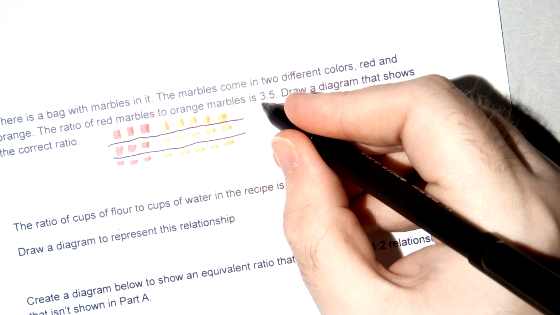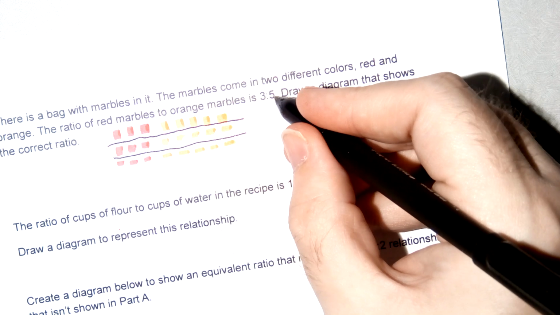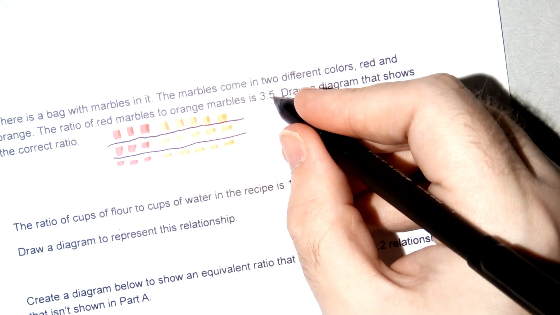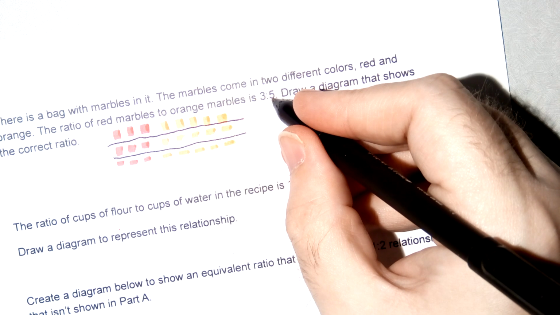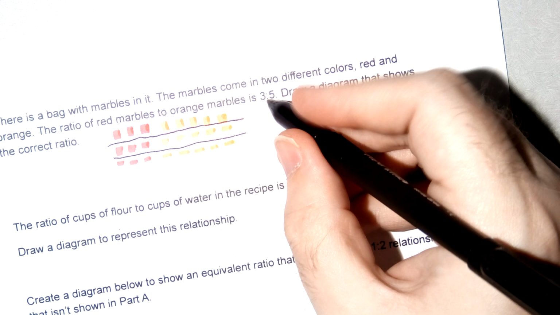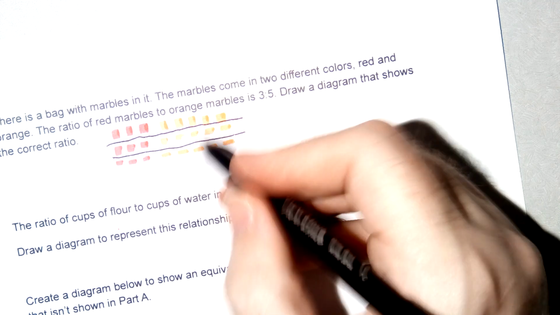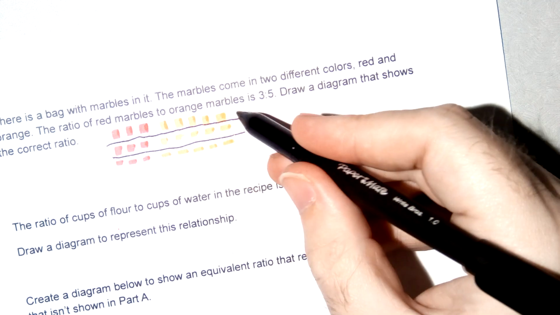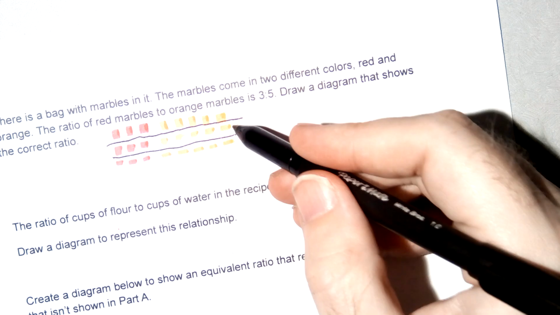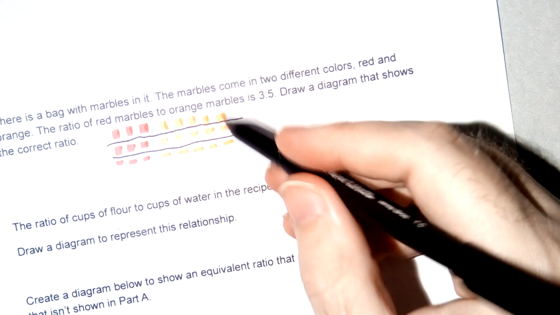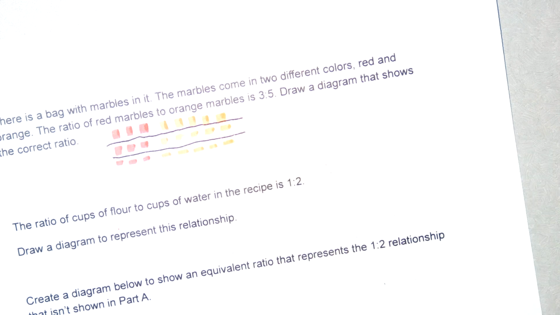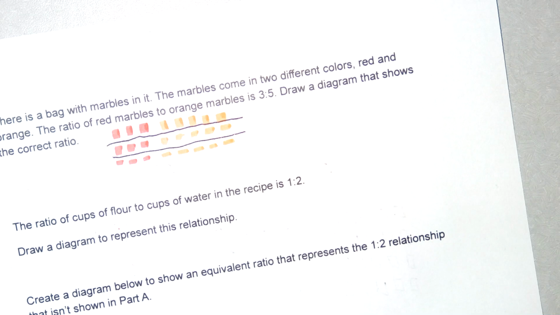So if we have 3 times 3, then we have to have 15, because that's 3 times 5. Okay, we can't have 9 of these and 10 of these, because take a look at this. When I did 3 batches, it was 9 and 15. So it's got to match correctly.